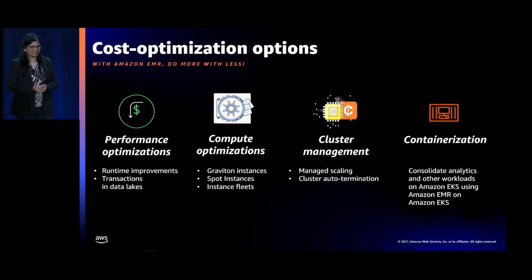And then you can select multiple subnets for different availability zones. When EMR launches these clusters, it looks across all the subnets to find the instances and purchasing options that you specify. So there's a lot of capability that we have built into cost optimizing your cluster environment. And you can also containerize in order to consolidate your analytics and save costs that way.